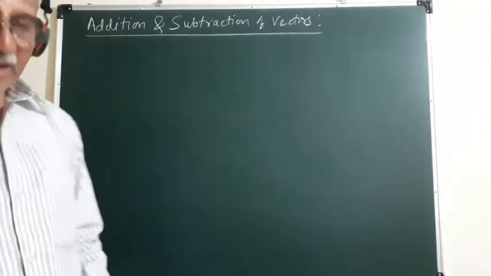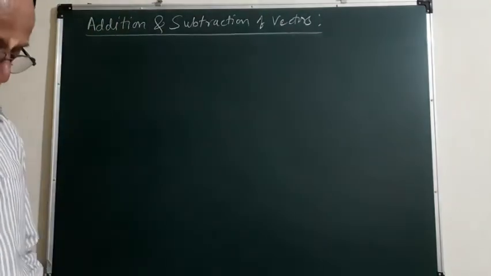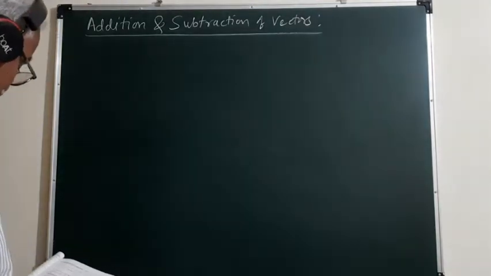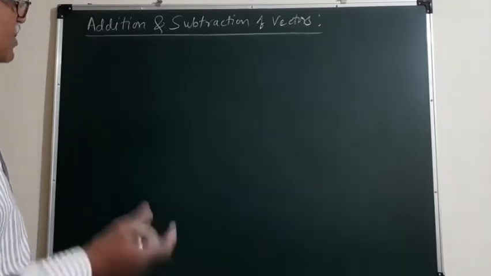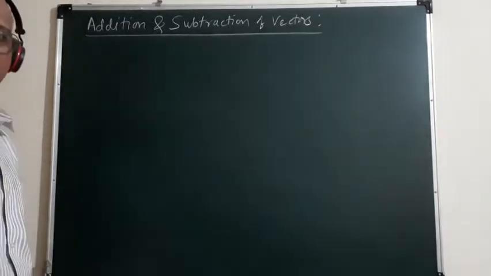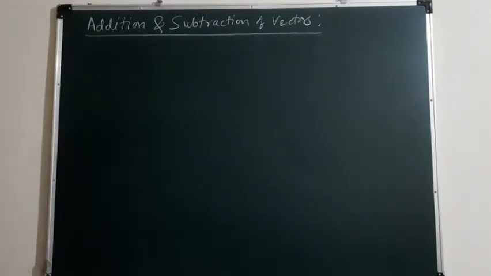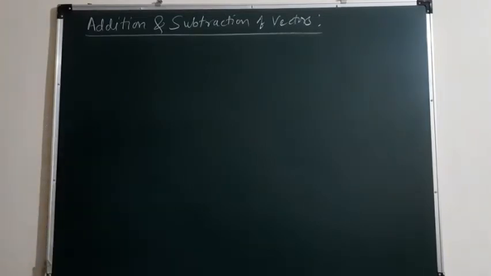Hence, these vectors can be either added or subtracted by using geometrical methods. For that purpose, we have to represent these vectors geometrically. And once these vectors are represented geometrically, one can either add or subtract them.